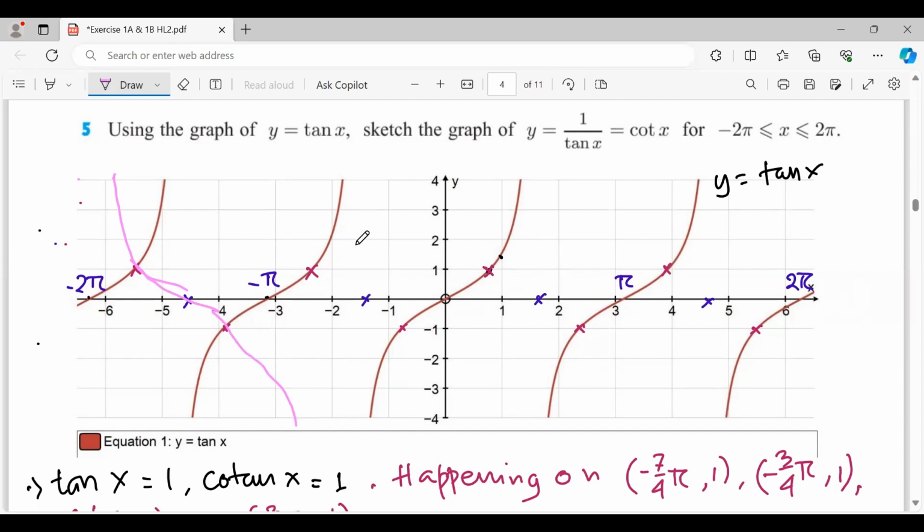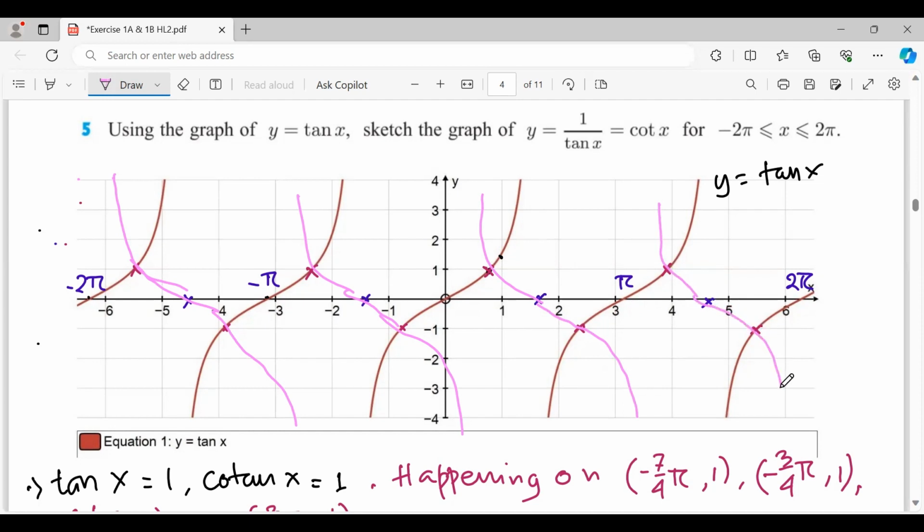Like that. And then it will be like this, through these 3 coordinate points.